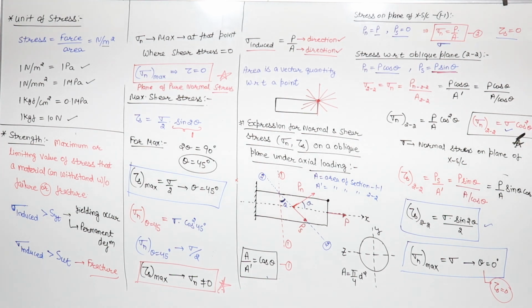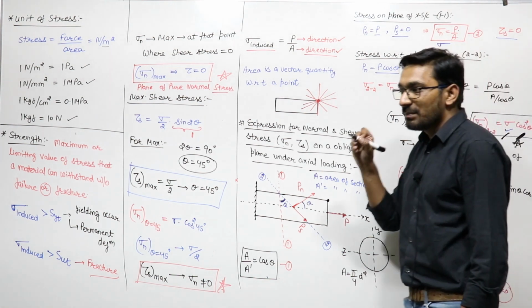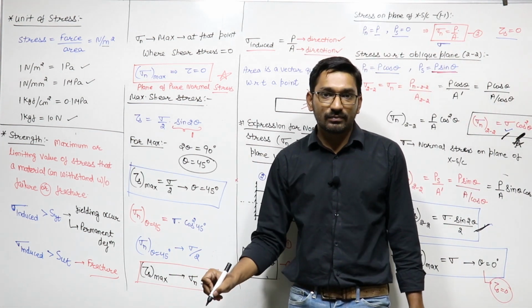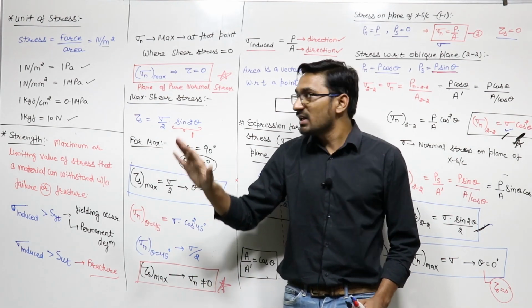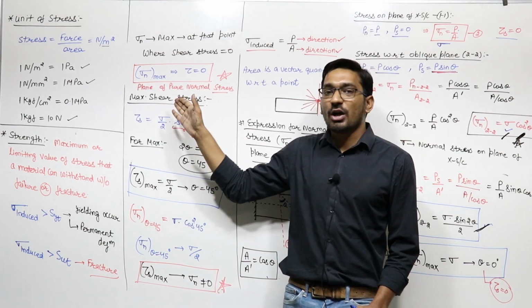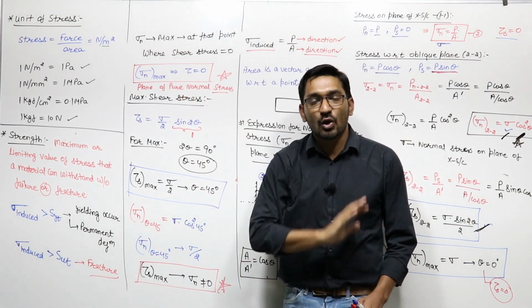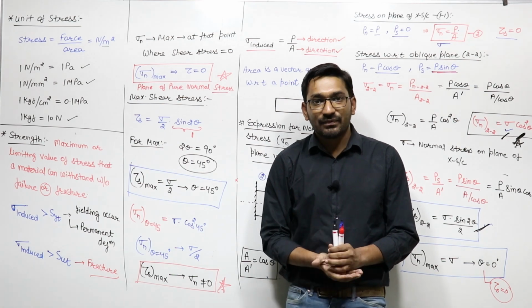Where this value is 0? At cos 90. This value is 0 at 90 degree. Right? So at 90 degree, this is not 0. Right? So where normal stress is 0, shear stress is not equal to 0, those planes are known as plane of pure shear. Plane of pure shear means only shear stress, no normal stress. Plane of pure normal means only normal stress, no shear stress. Right?